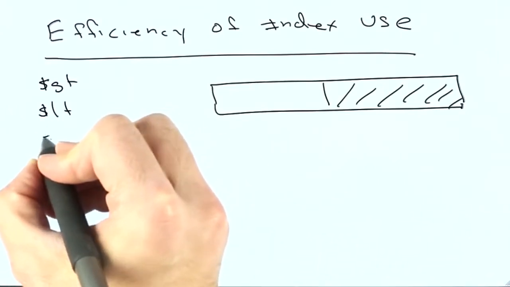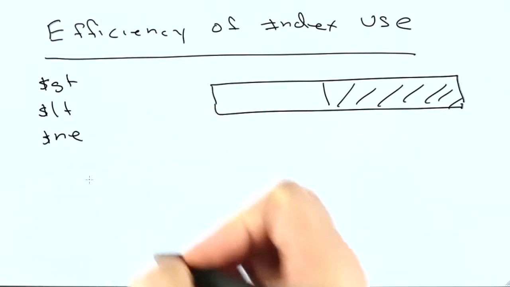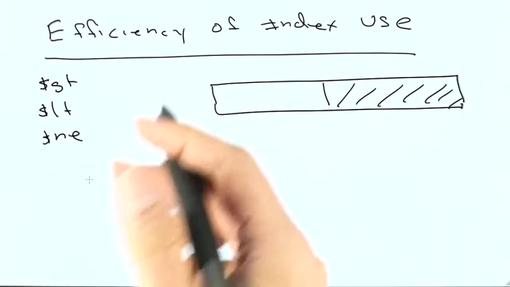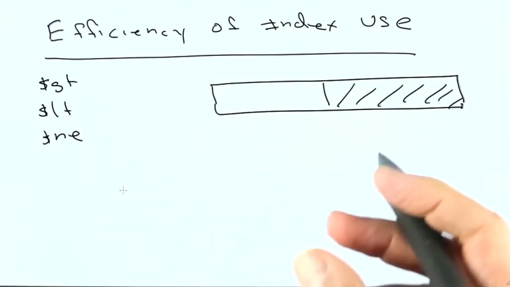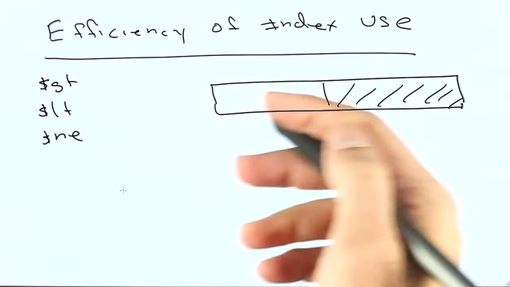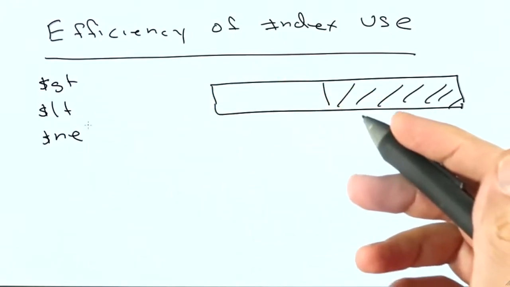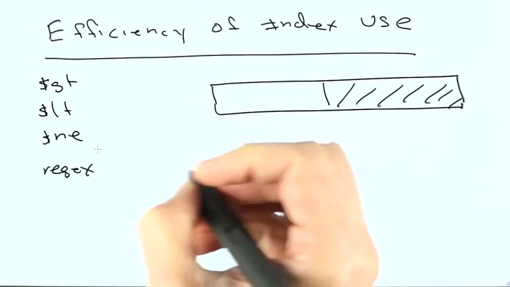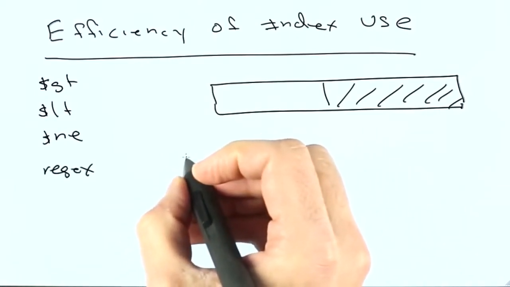Other things that might not use the index, or if they use it inefficiently, are not equals, or not in, or doesn't exist. All of these negative operators are difficult because they need to inspect every element to see if it satisfies the criteria, and it might return a large result. Also, when you're searching on regexes, if you don't give something that is stemmed on the left part of the field, it's slow.